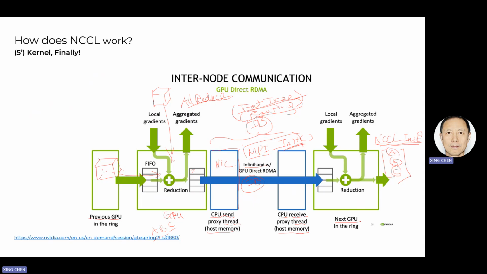Okay. But I also need to point out that, as said by Nvidia in their document, NICO is a complementary collective communication library for MPI.